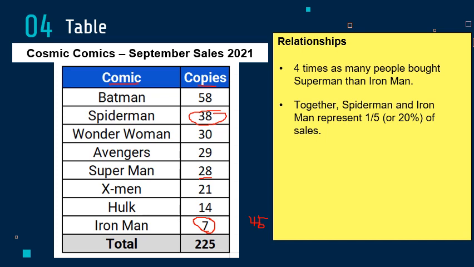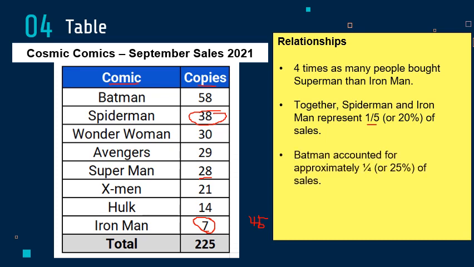So these two comics, when we combine them together, represent 1/5 of the total comics sold. So that's another way you can look at relationships, is you can combine different categories or different data together to come up with a proportion of the total data.